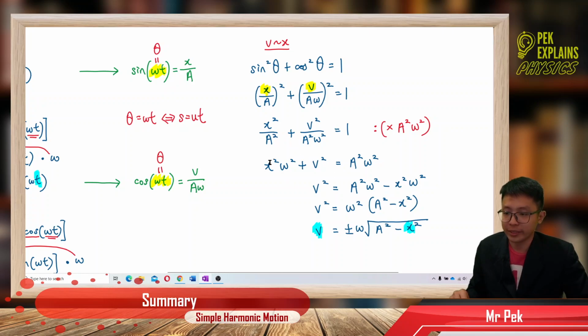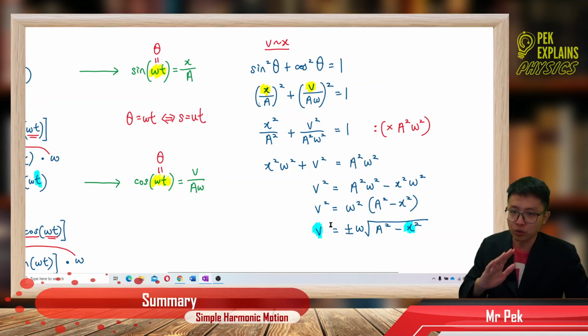Okay, so we get this. After that, this one goes to the other side, and then we factor out the omega square, and then we square root both sides. The square is gone. Here becomes square root.